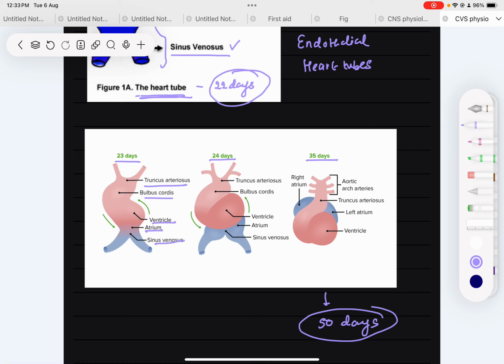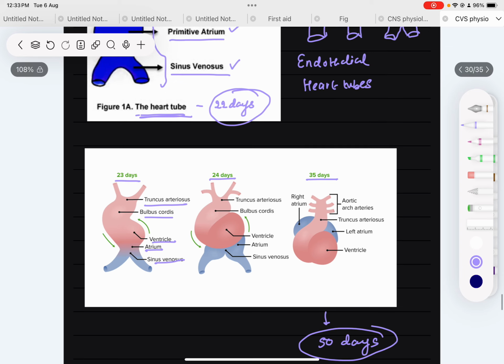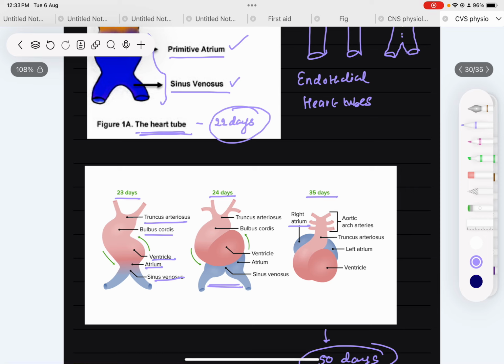But what will happen is this will be shifting like this. After one point, the atrium and sinus venosus both will come upward. As you can see here, the right atrium will be here, the left atrium here, the ventricle part will be downwards, and the aortic arch arteries and truncus arteriosus will be up.